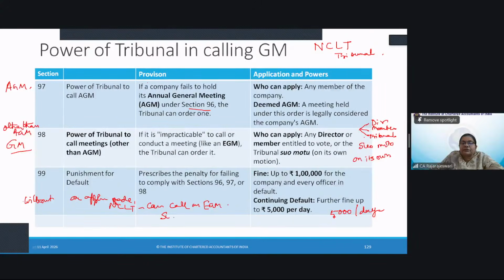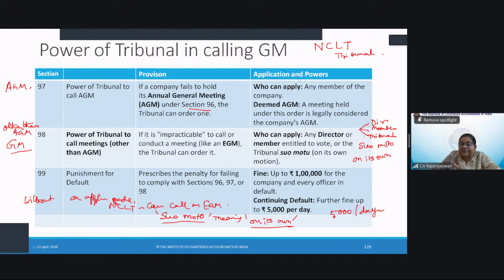That is called suo motu, on its own, without any application. It has found out that a meeting has to be held, so it can order. Nobody has given an application. So the NCLT has got the power.